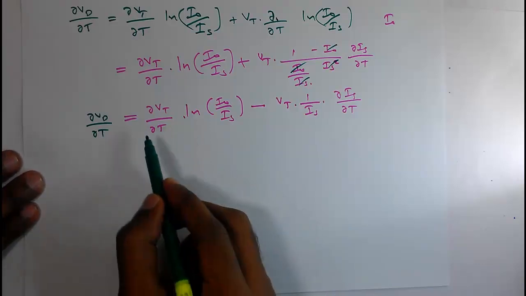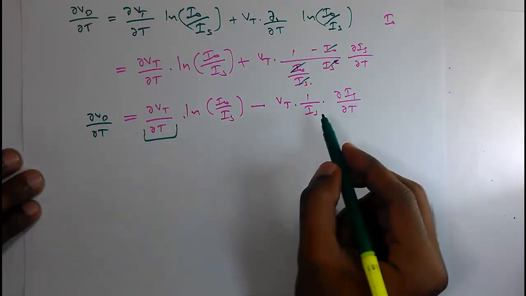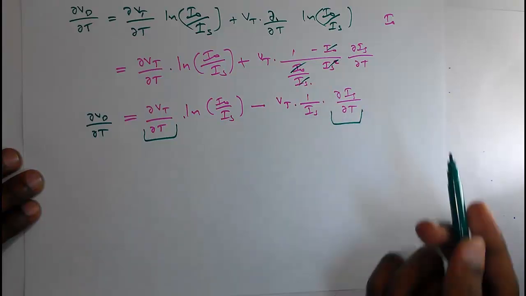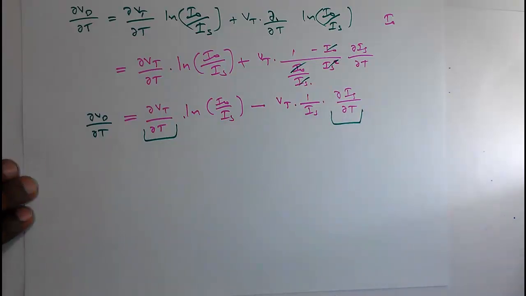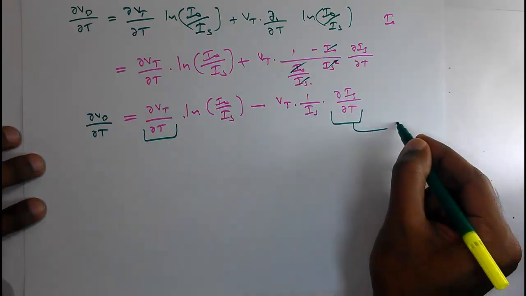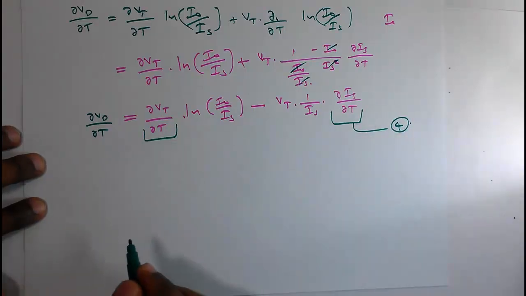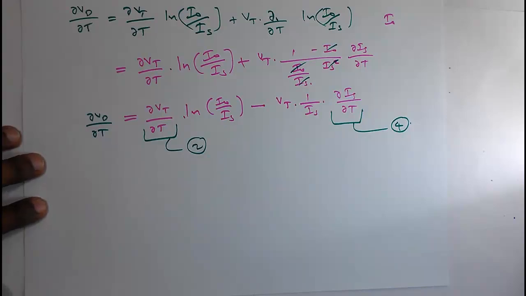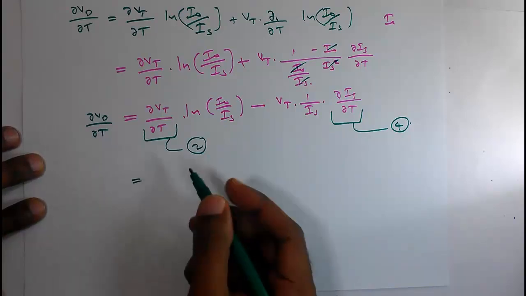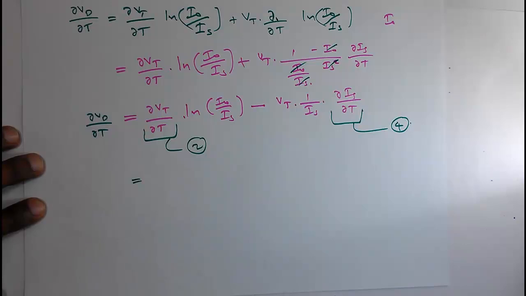So here this term we found, and this term also we derived. This we derived in equation 4, and this we derived in equation 2, if I remember correctly. So that is dou Vt by dou T. We know Vt is kT by q.